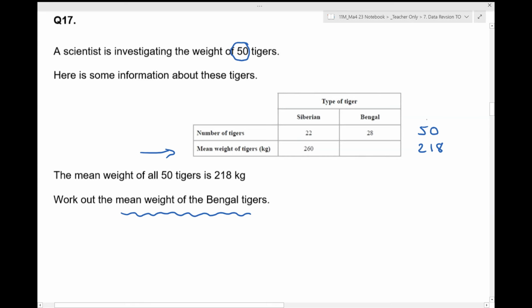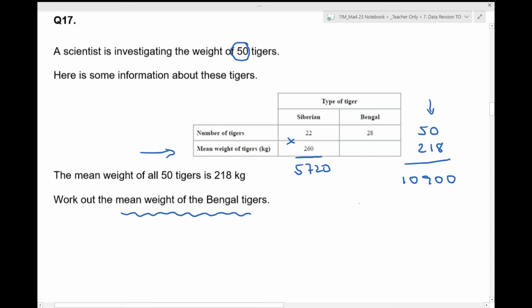Well, I know that there are 50 tigers in all, and the mean weight of the 50 tigers is 218. So 50 times 218 tells me that the total weight of all the 50 tigers must be 10,900. Now look at this. I can work out the total weight of all Siberian tigers, 22 times 260, 5,720.